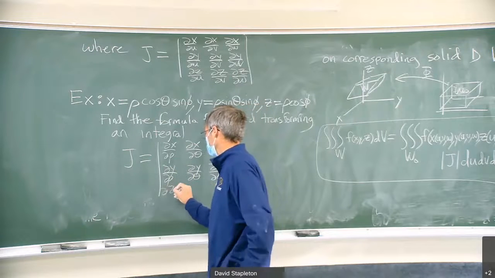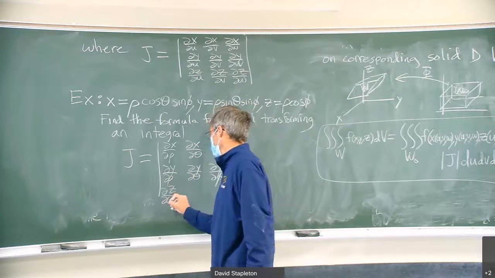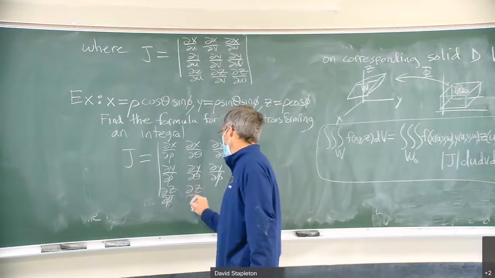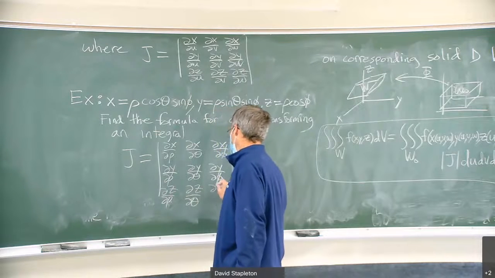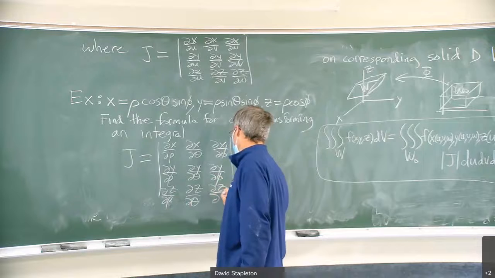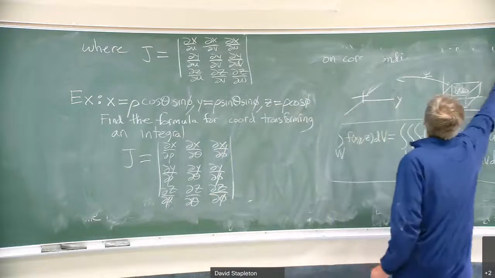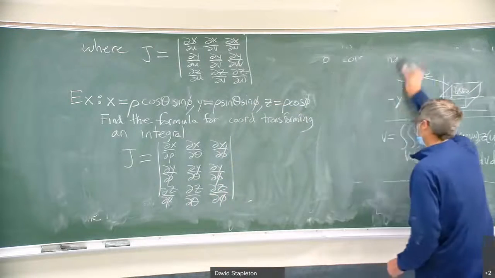And then dz d rho, dz d theta, and dz d phi. So I need to calculate all those.